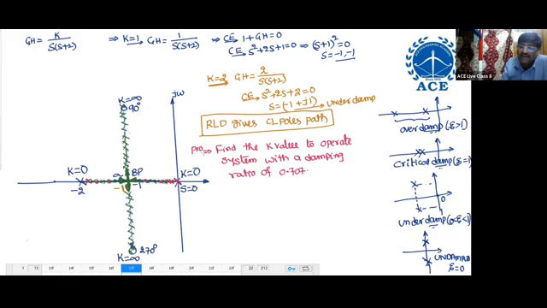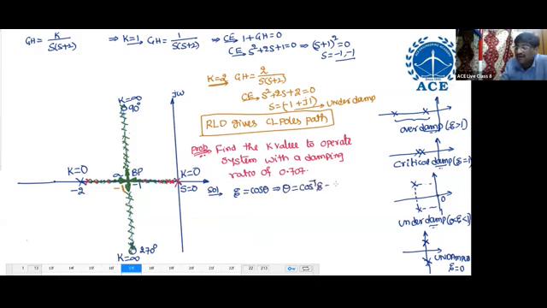Then how to find the K value to operate with some particular value of zeta? So first step here, zeta equal to cos theta. I told in the time domain analysis. Theta equal to cos inverse zeta.